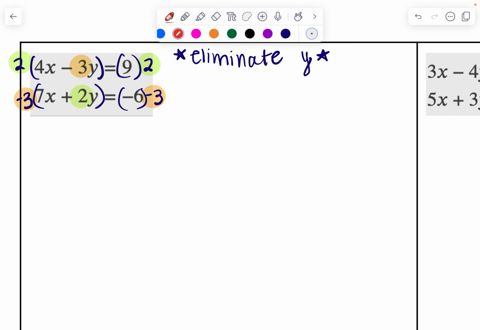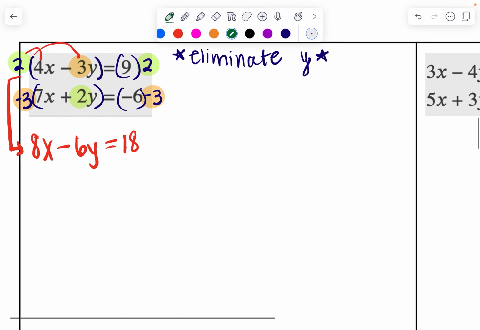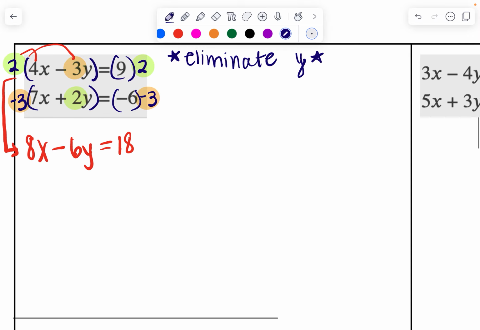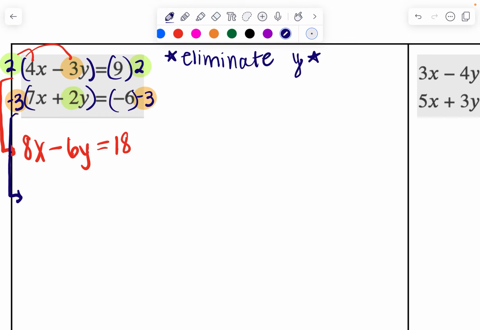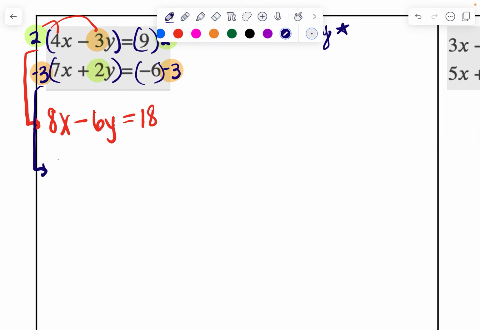So my first equation then, 2 times 4x is 8x. Take away 2 times 3y is 6y. Equals 2 times 9 is 18. My second equation then, negative 3 times 7x is negative 21x.